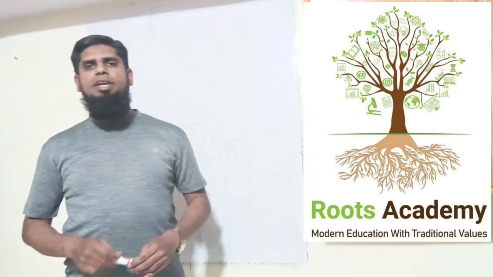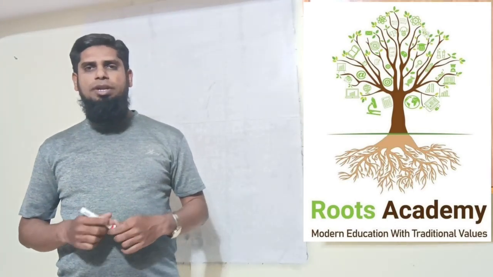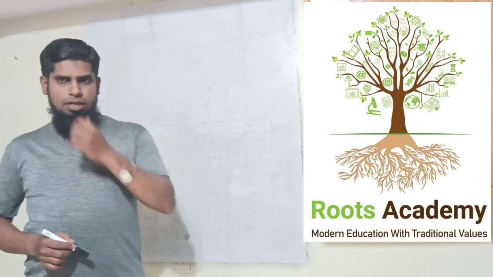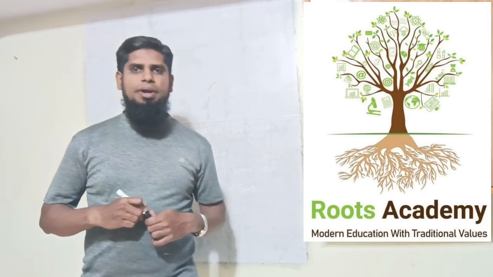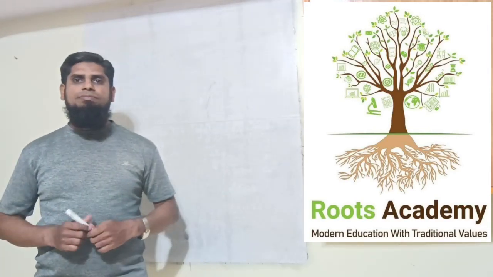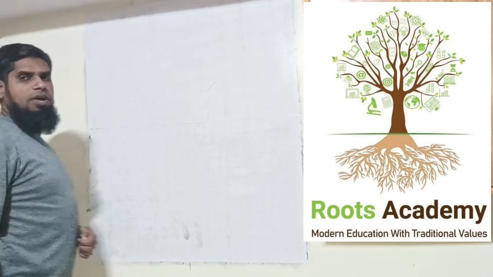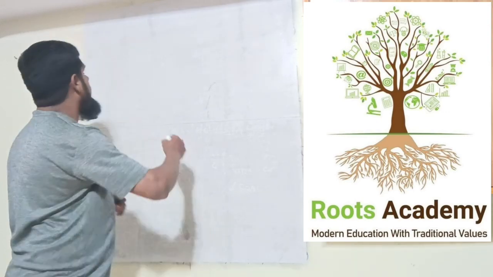So here tan cube can be written as tan square into tan, where x is 2x here. I is equal to the integral of tan cube, which can be written as tan square 2x into tan 2x into secant 2x. Of course dx is there.